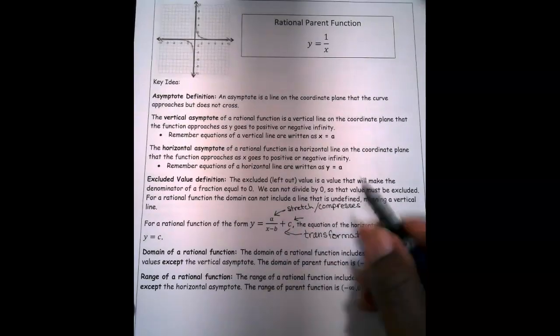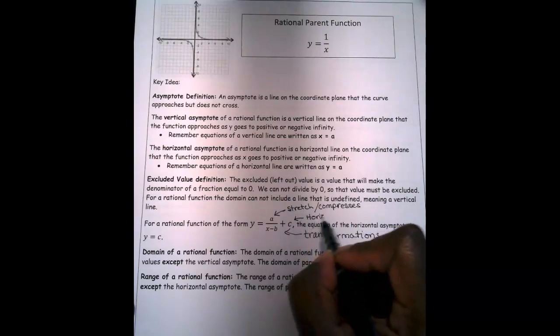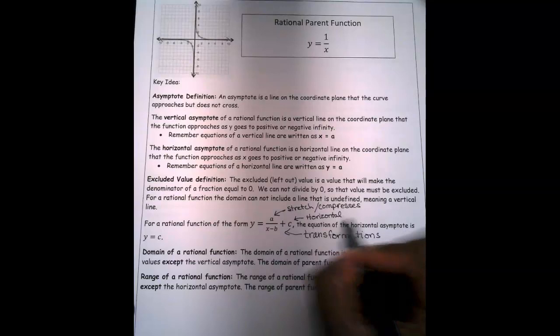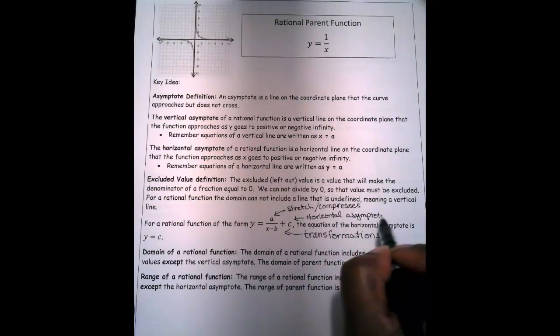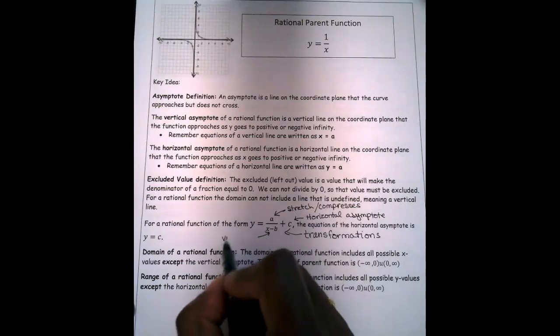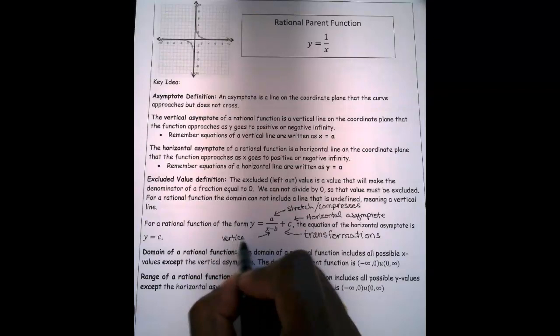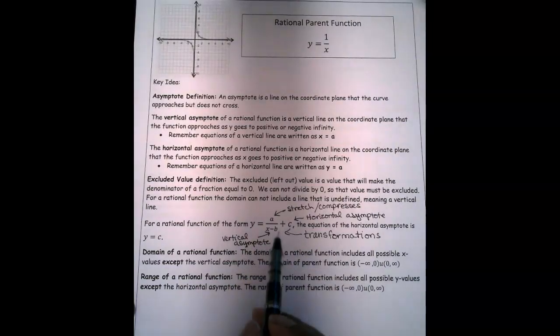C is going to be your horizontal asymptote. And here in the denominator, b is going to be your vertical asymptote. And this is what we will be using when we are actually doing transformations.